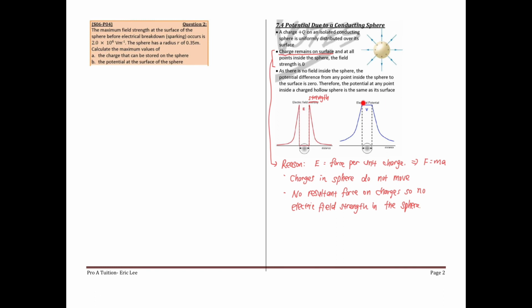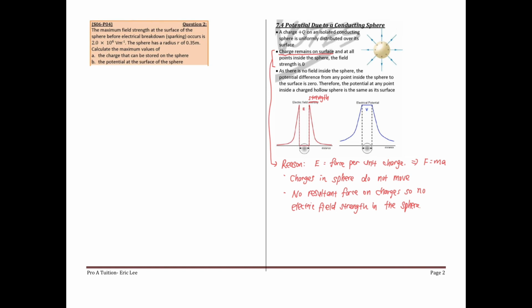The electric potential inside the sphere is the same as at the surface of the sphere. They are trying to explain this. One of the easier ways to take it is by looking at the gradient.